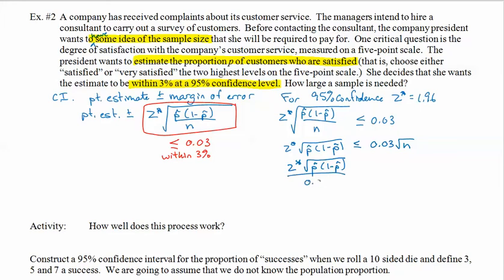All over 0.03 squared is less than or equal to n.